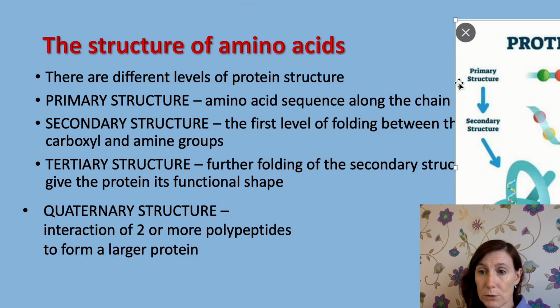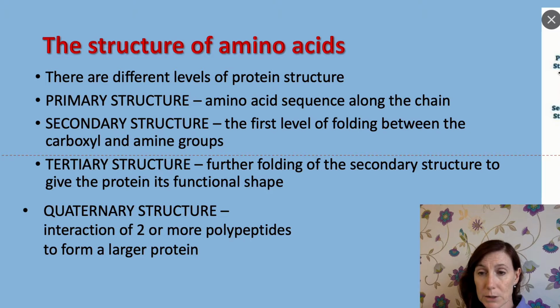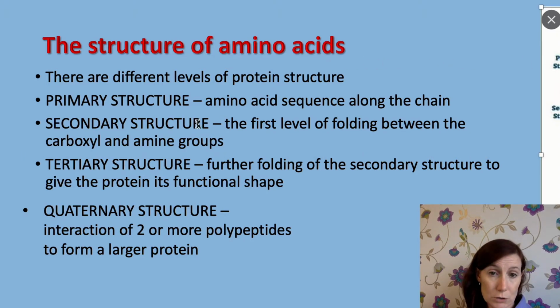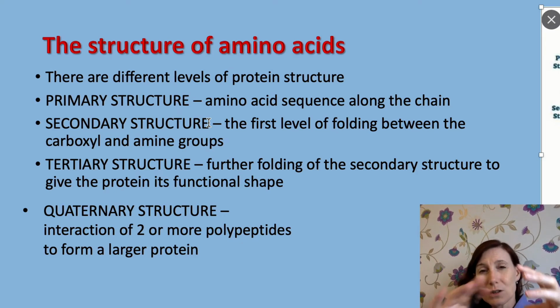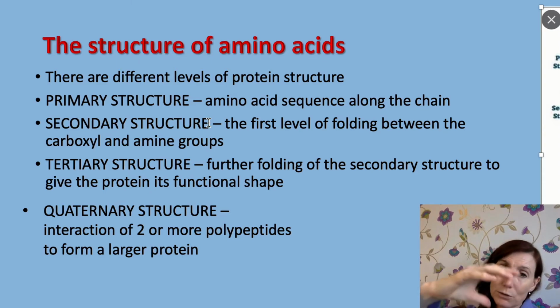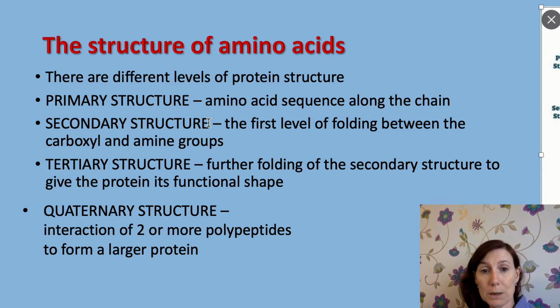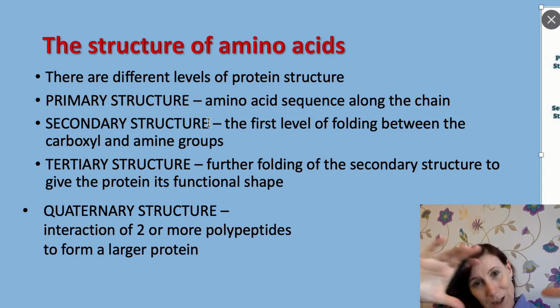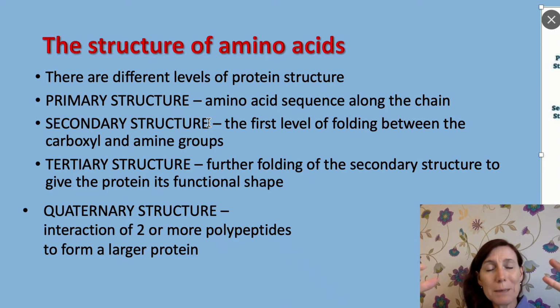Let's just move you out of the way, little picture. The secondary structure, the second tier of structuring, is how it folds. As it's created, as it comes out of the ribosome, and you've got this long chain of amino acids, the secondary structure is what happens to it immediately. How does that begin to fold itself around?